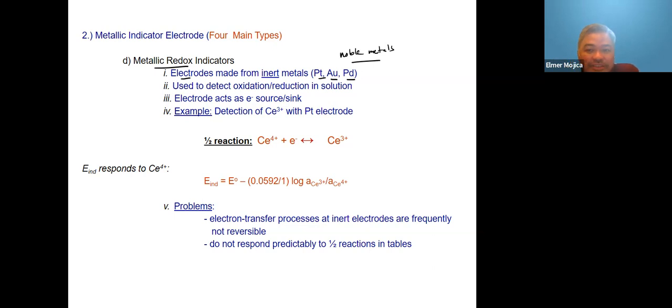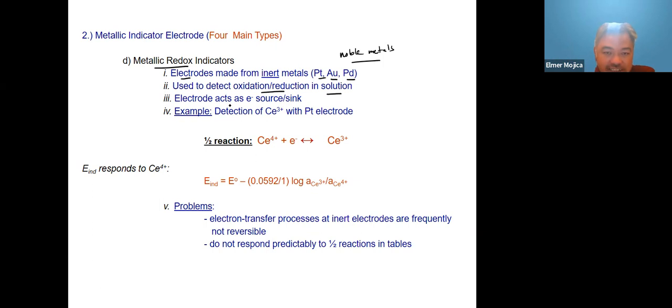And usually the platinum electrode is one of the most commonly used indicator electrodes. In fact, that's the one they use if your given element doesn't have a solid state, like hydrogen, hydrogen gas forming into hydrogen ion. So it is used to detect oxidation, a redox reaction, in a given solution.